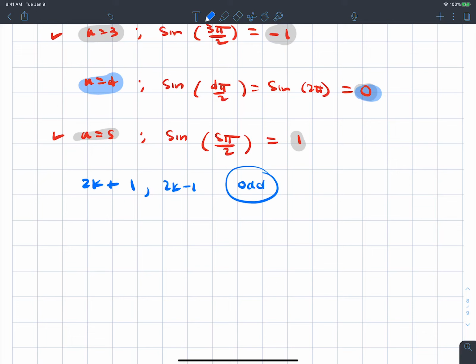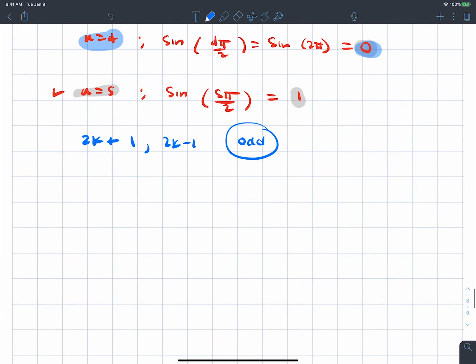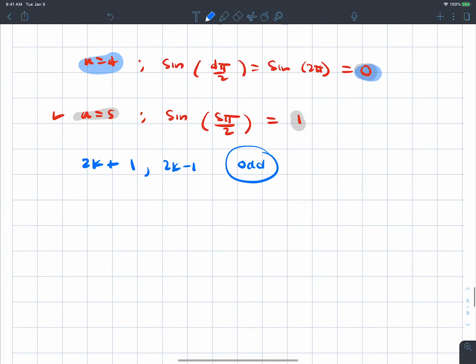So in this example, what I think I'll do is I'm going to use the index k. And I'm going to say here, k starts at 1 and ends at infinity.